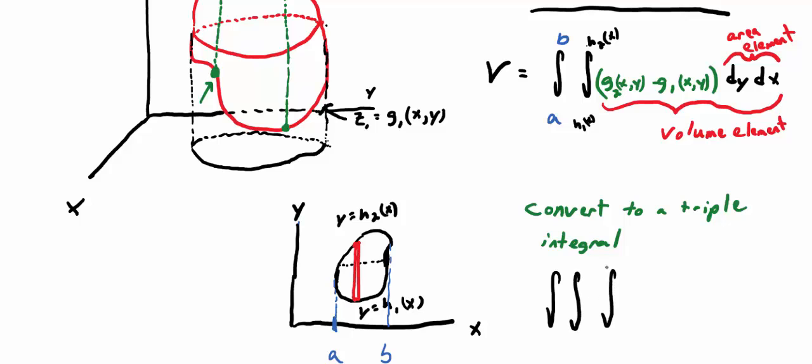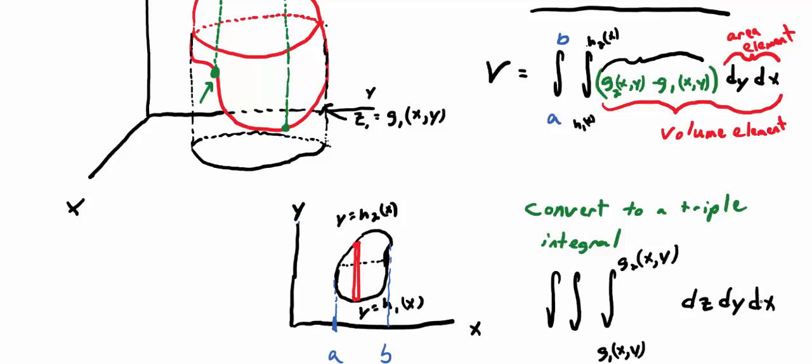you need three integrals. The innermost integral's lower limit is given by g1 of x,y and the upper limit by g2 of x,y. Then we have three differentials, dz, dy, dx, in this order anyway.